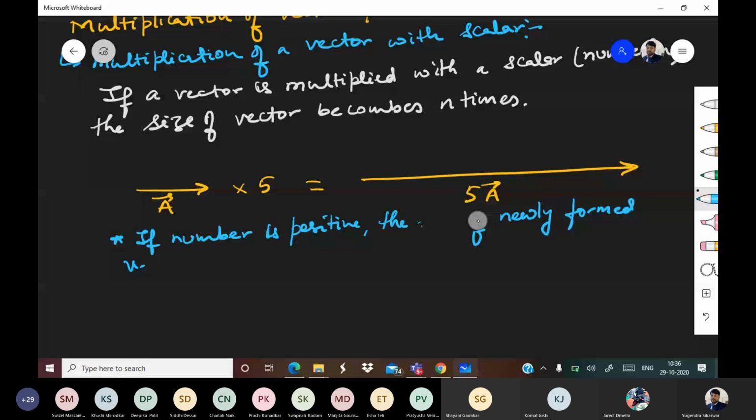The direction of the newly formed vector will be the same as the previous vector.